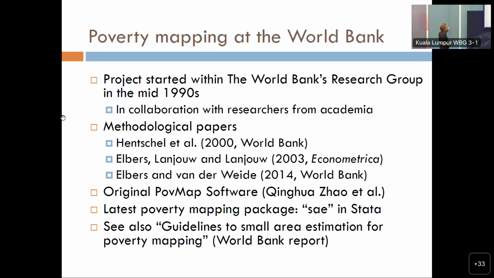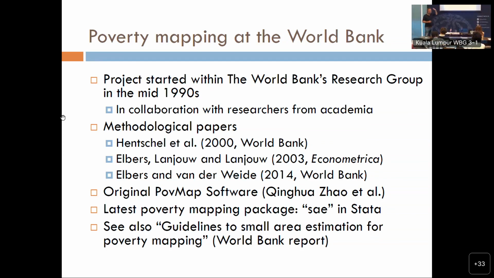As I told you, it started in the 1990s with this project in Ecuador by Chris Elbers, Peter Lanjouw, and Jean Lanjouw. And in fact, the original Hentschel was part of the project as well. It got published in 2003, and since then it was an explosion. Once that paper came out in Ecuador, a lot of countries wanted the same map.